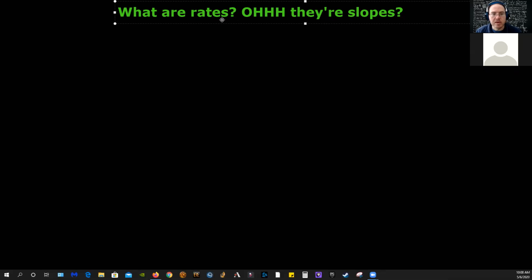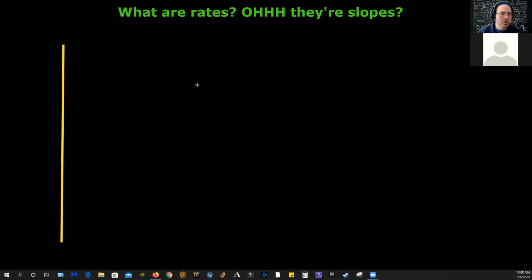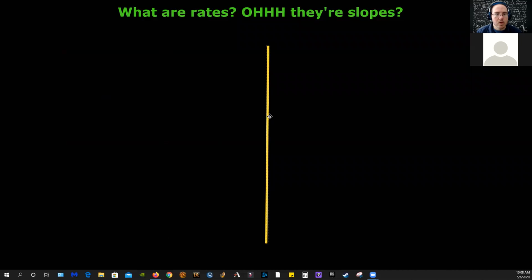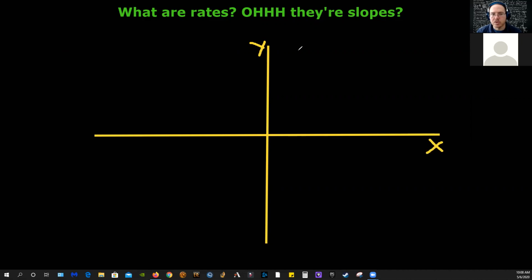If you were given a system with your y-axis and your x-axis and your origin, and you had 2 lines going through it, one going this way and one going that way.